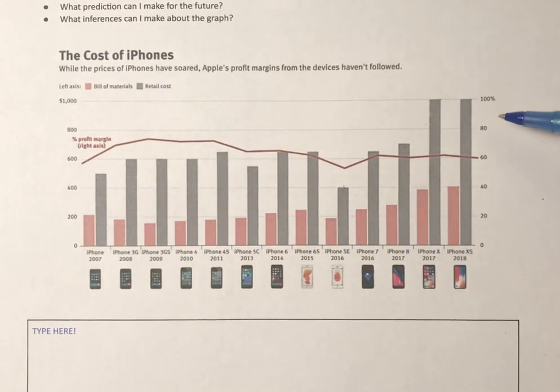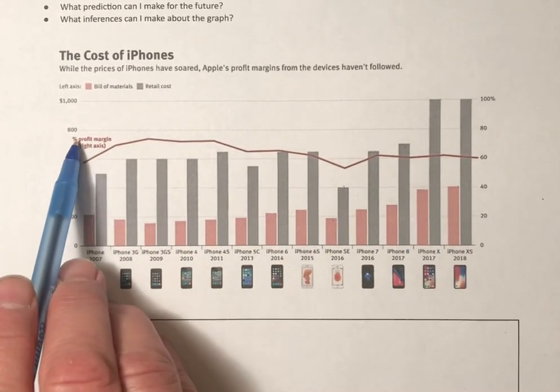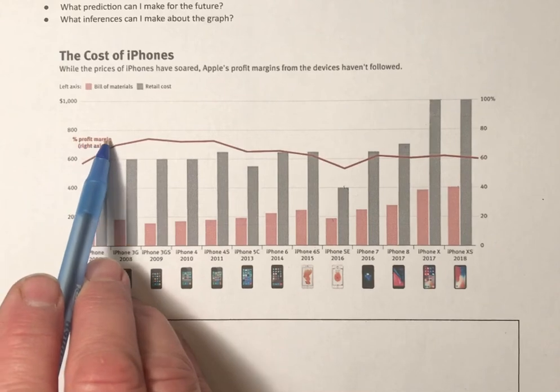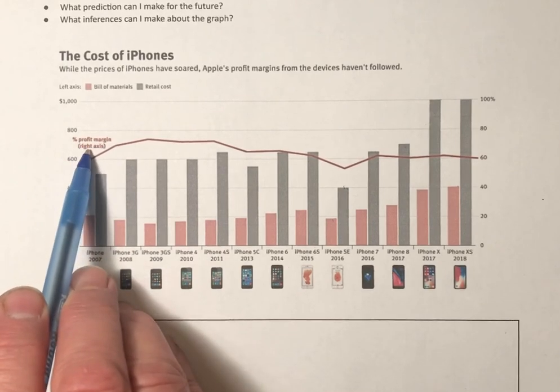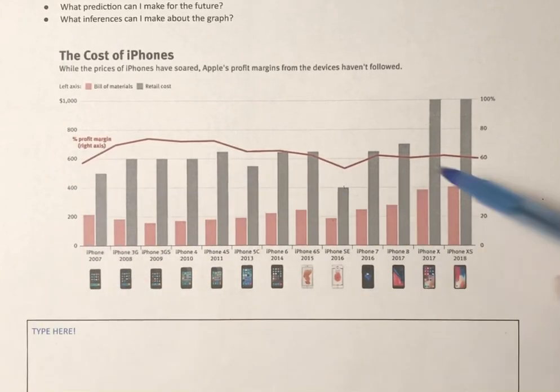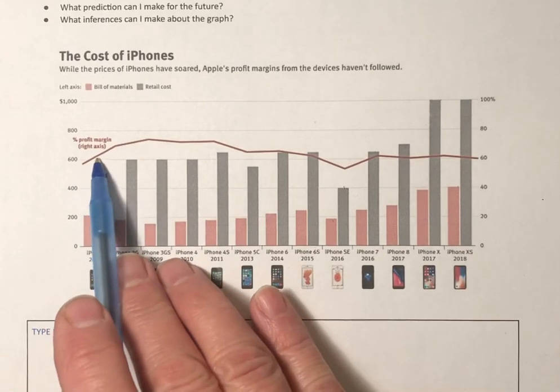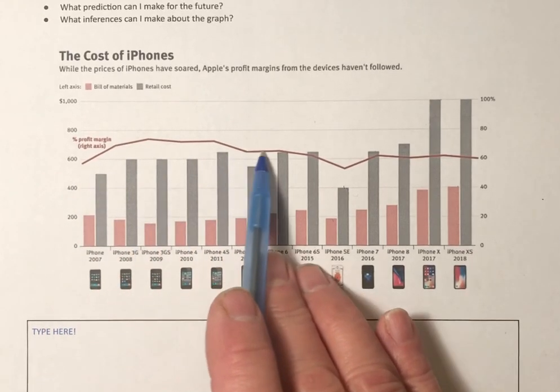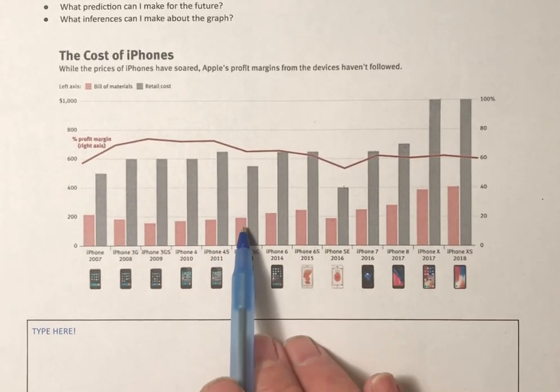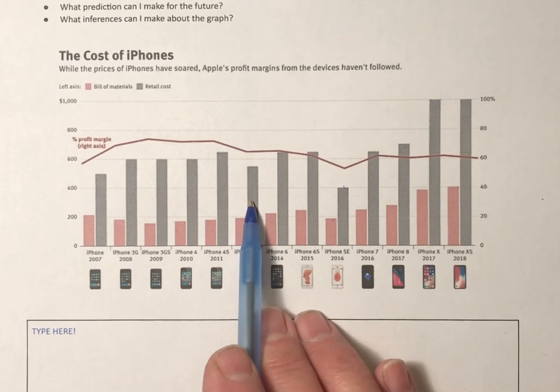It is called the profit margin. And you can see here the profit margin, and this is on the right axis, way over here on the right edge. And this is a measure of percentages. Now, that is this little line here that is tracking above the pink and the gray.